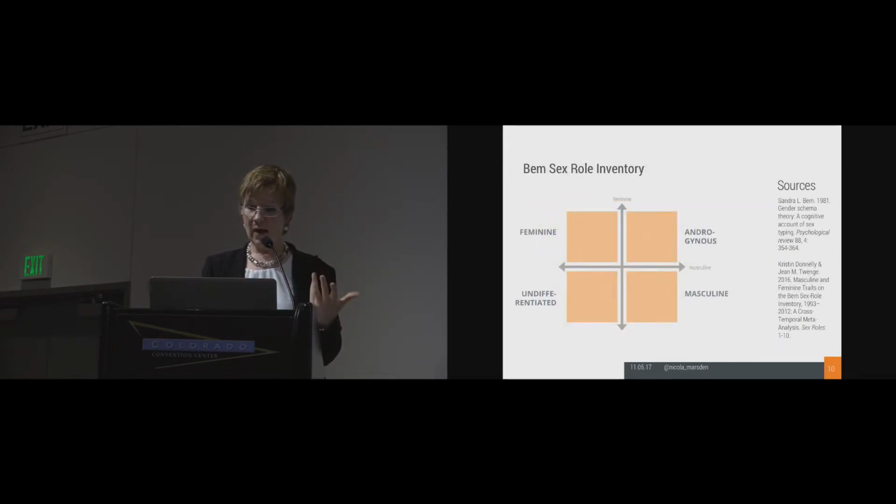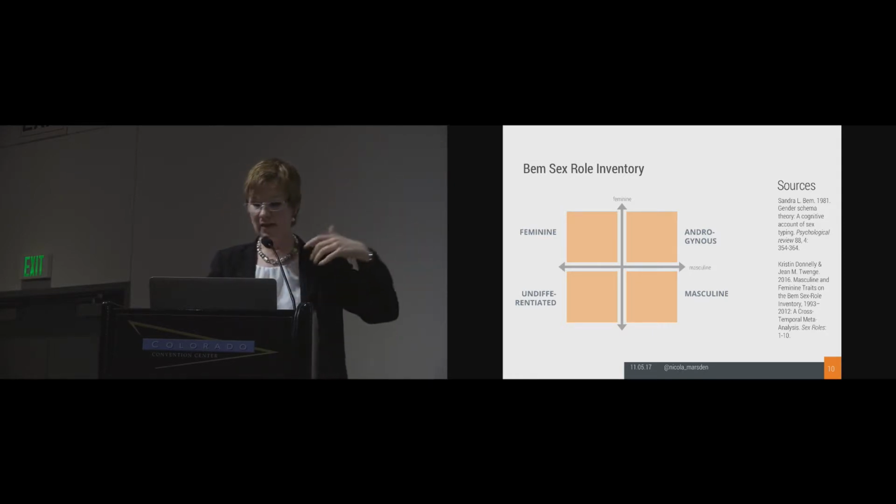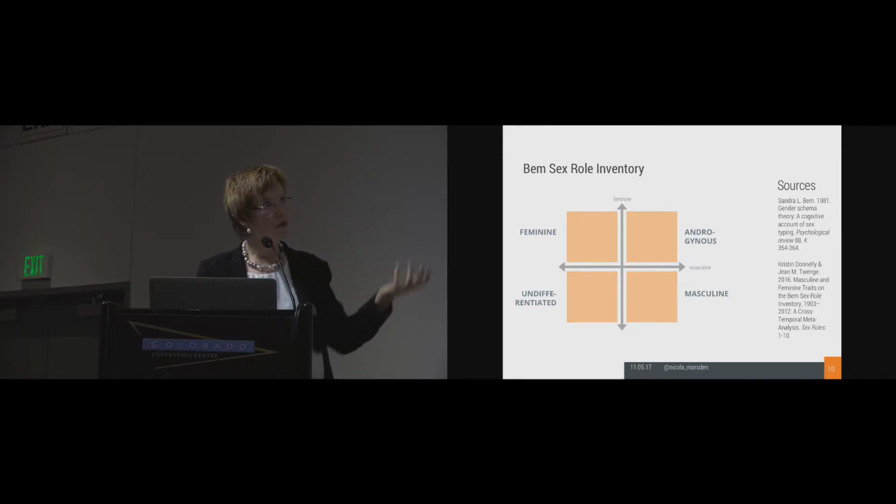The other way we measured stereotyping is the BEM Sex Role Inventory. Sandra Bem developed this to measure identification with gendered roles. And here the dimensions are masculinity and femininity. So this would be like the traditional value dimension connected with men, like acts like a leader, makes decisions easily, defends own beliefs, and women, in terms of is sensitive to others' needs, is gullible, is affectionate.